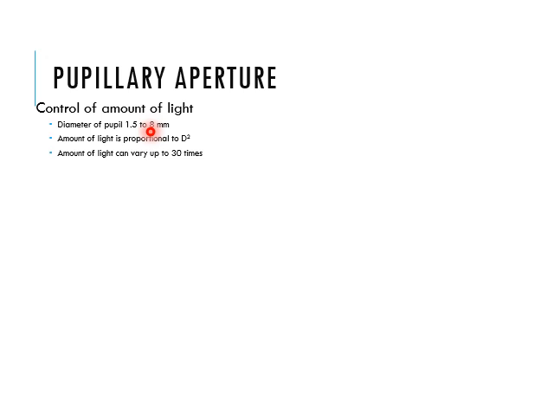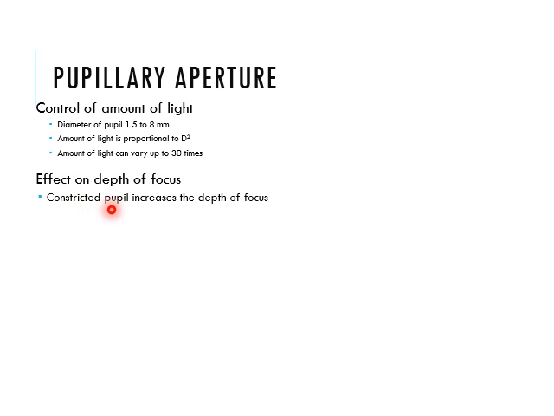So the diameter of the pupil is 1.5 to 8 mm. The amount of light is proportional to the square of the diameter, and the amount of light can vary about 30 times. One of the important aspects I took up with the pupillary aperture is its effect on the depth of focus.